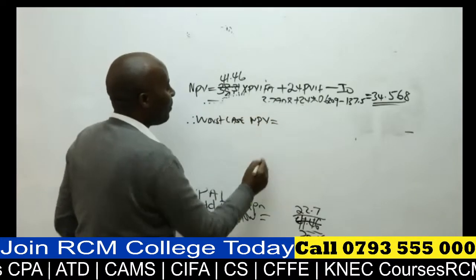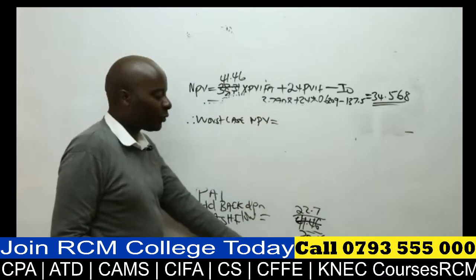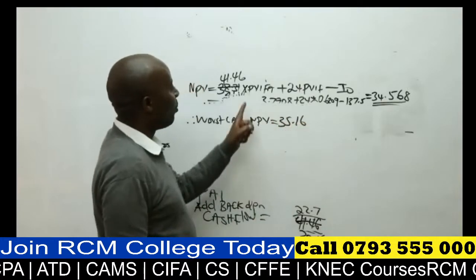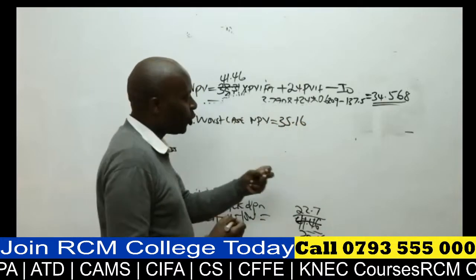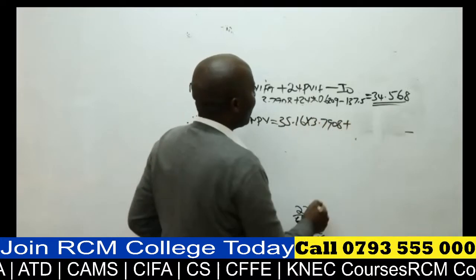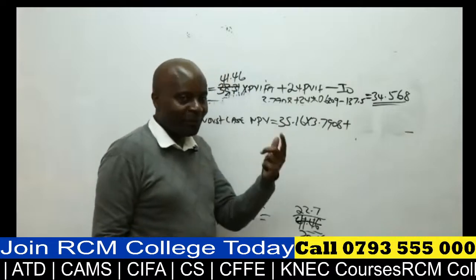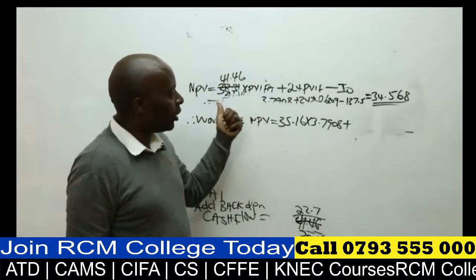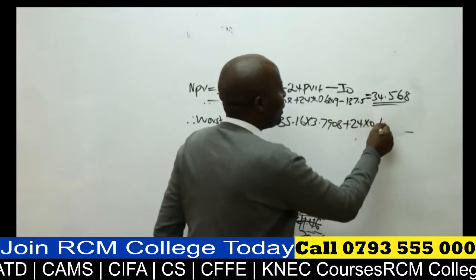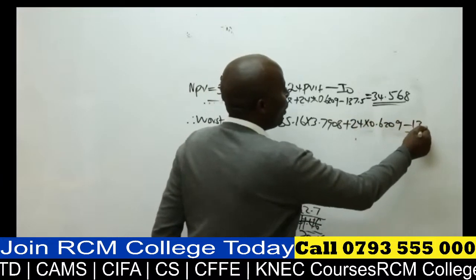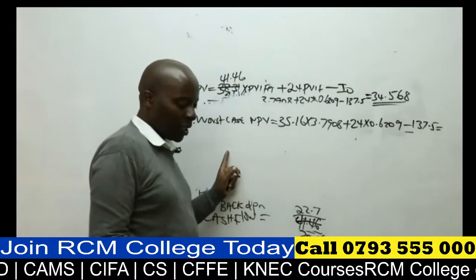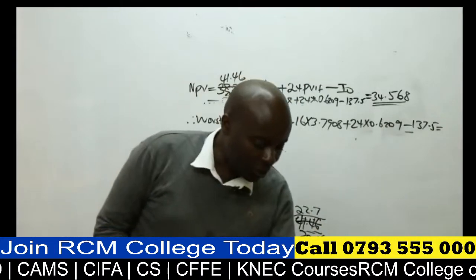Now I can see my worst case operational cash flows are 35.16. 35.16 multiplied by our PV factor, which will not change, is 3.7908, plus, of course, the terminal cash flow, which does not change because of your profits having changed. So plus 24 times 0.6209 minus 137.5. Now you should be able to give us this worst case scenario.